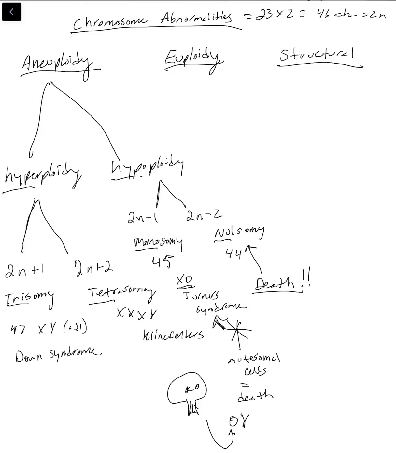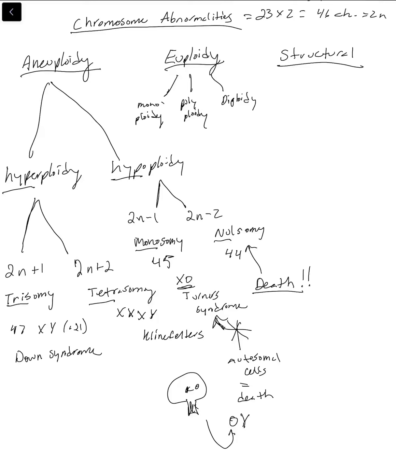So now let's get over to euploidy. Euploidy is going to have monoploidy, polyploidy, and diploid, or diploidy.